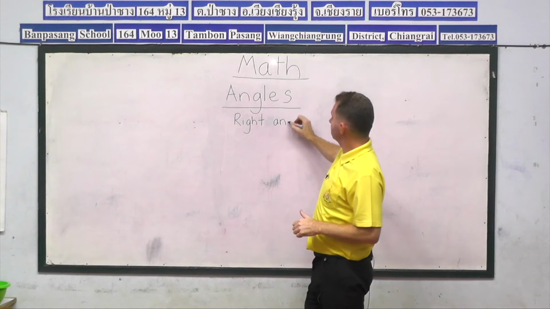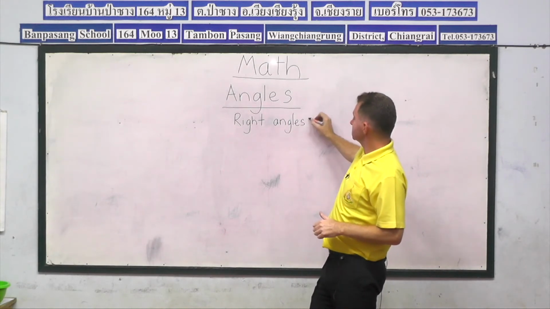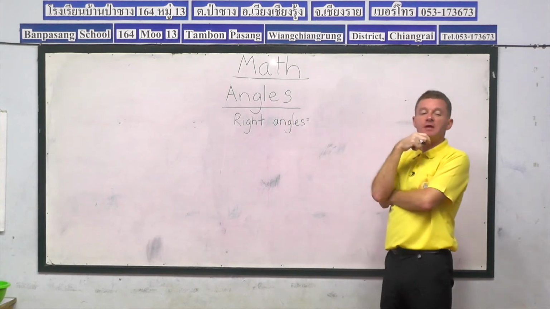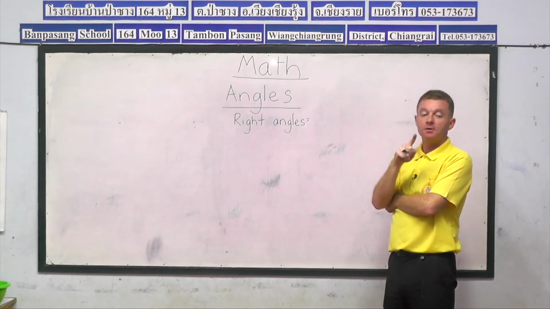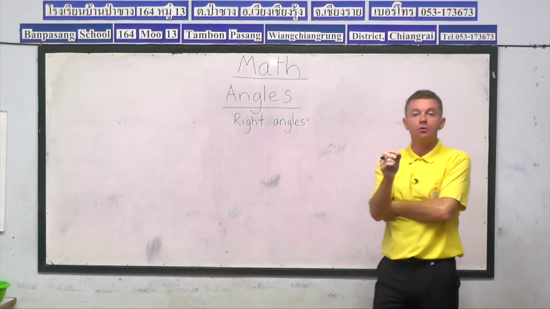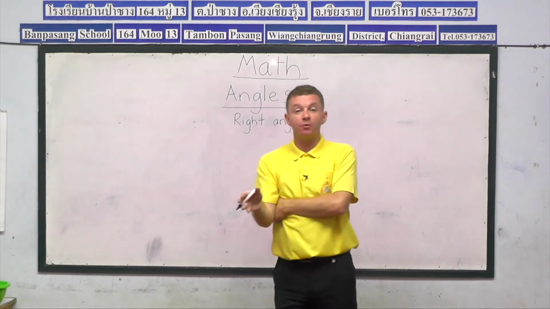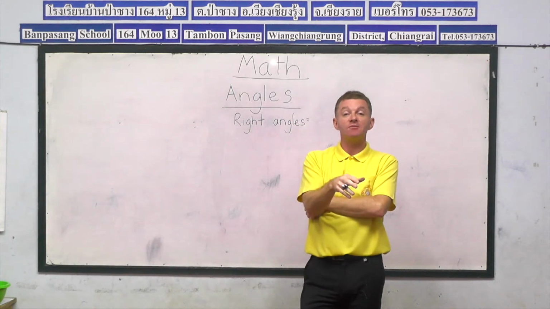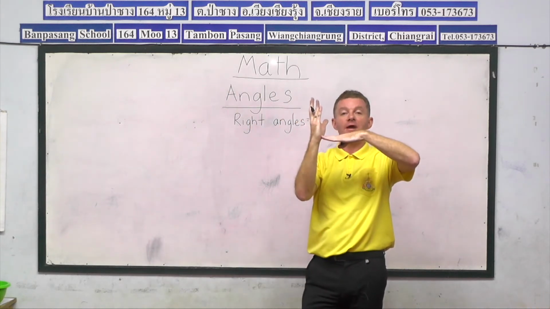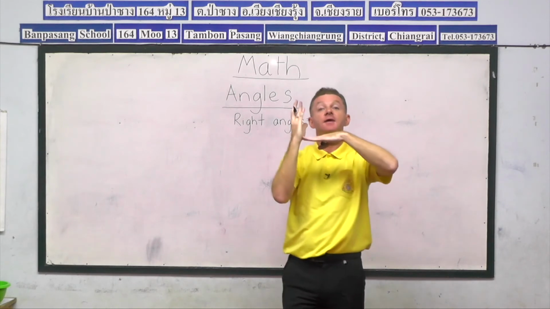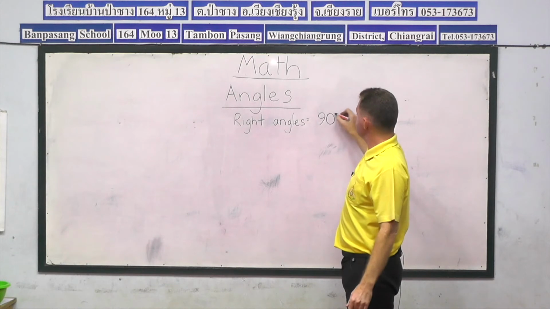An angle, or angles, yes. Now, who can remember how many degrees does a right angle always have to be? A right angle, 90. A right angle must always be 90 degrees. And for example, if you look around you in the classroom, you will see the floor meets the wall. Always a right angle, where a horizontal line meets a vertical line. So right angles are 90 degrees.